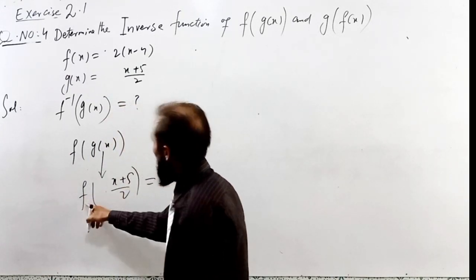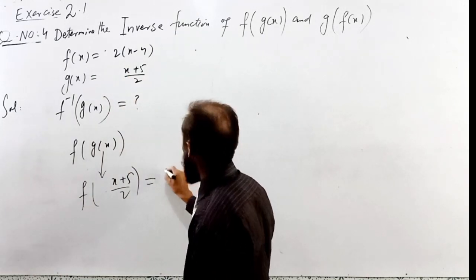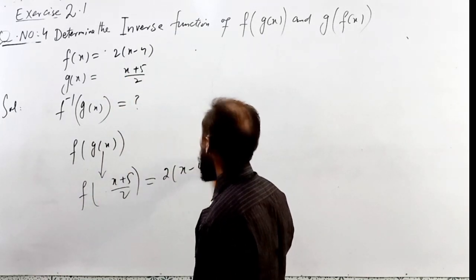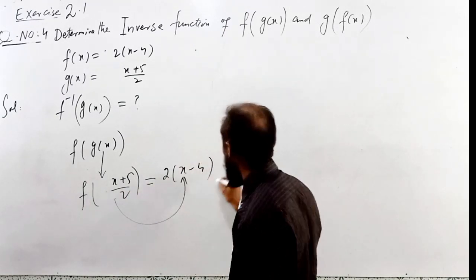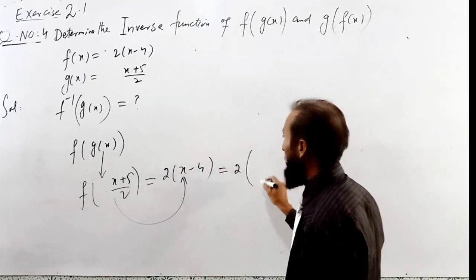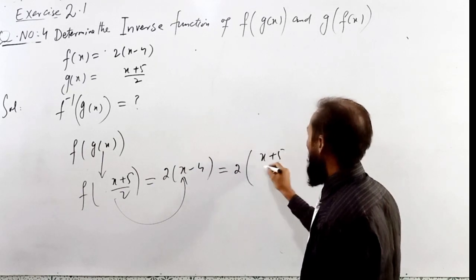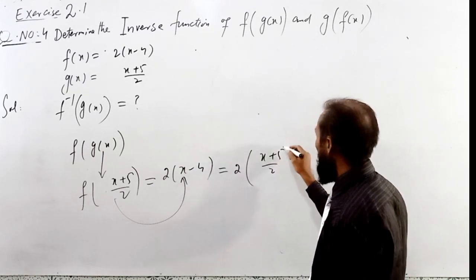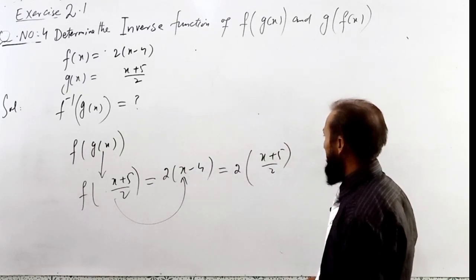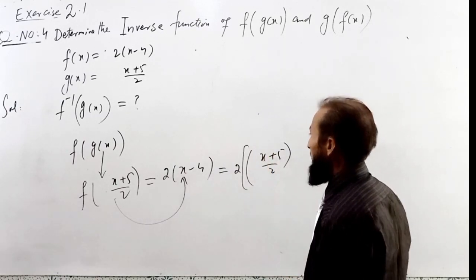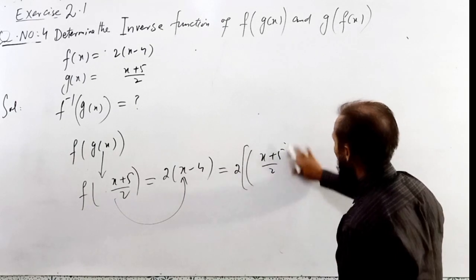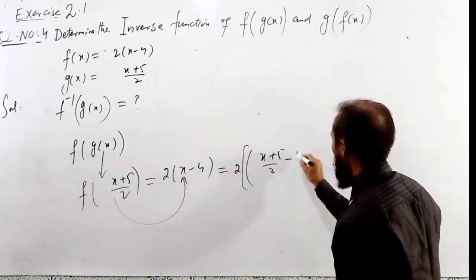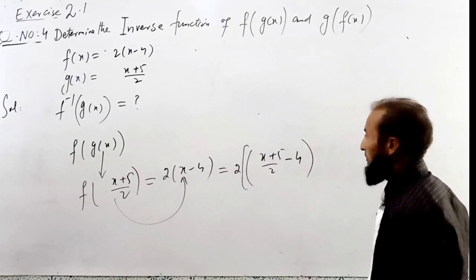Now actually the function f of x is given as 2 and 2x minus 4. We replace x by this value. So 2 and 2 times x plus 5 divided by 2, in the place of x we put this, minus 4.